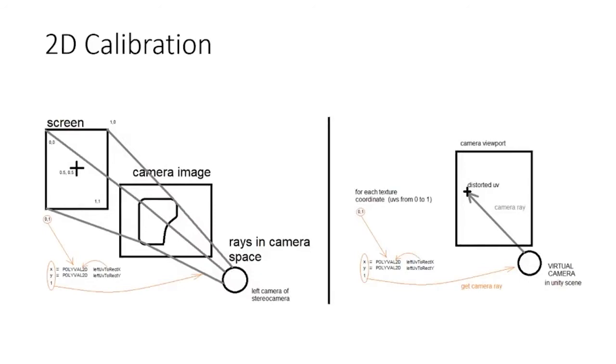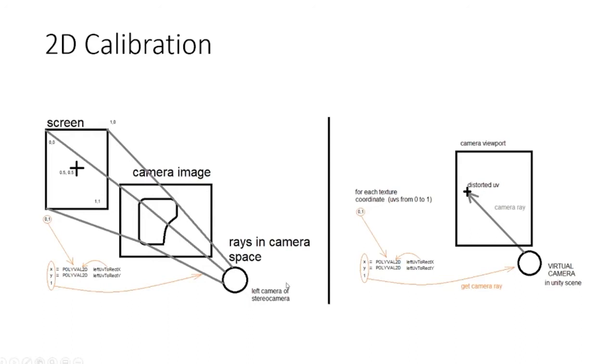So if any of you are not familiar with the 2D calibration, the principle is pretty straightforward, I would say. I was really afraid of it, but once I finally understood how it works, I realized it's beautiful and easy.